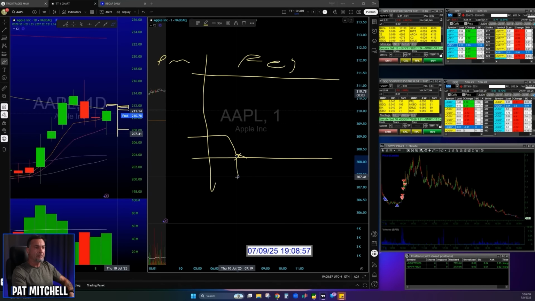Because what you do then to manage the trade, you add into that wash, you get out fully on the retracement. Now, as technical traders, when you're really new, you don't have the experience under your belt to understand that this is what will happen next. 99 times out of 100, okay? So when it washes through that support level, it needs to retest that former support, now proving resistance.